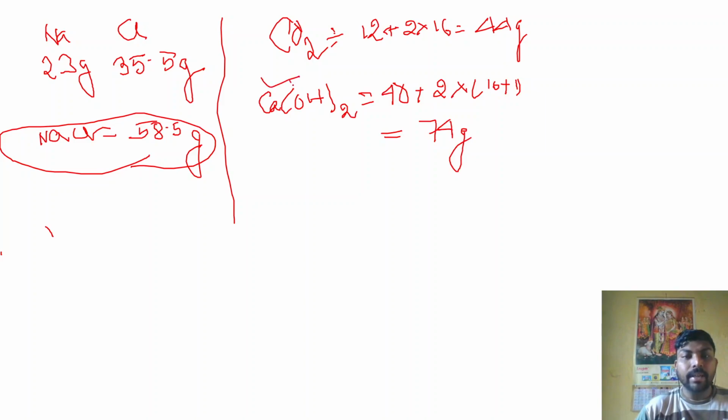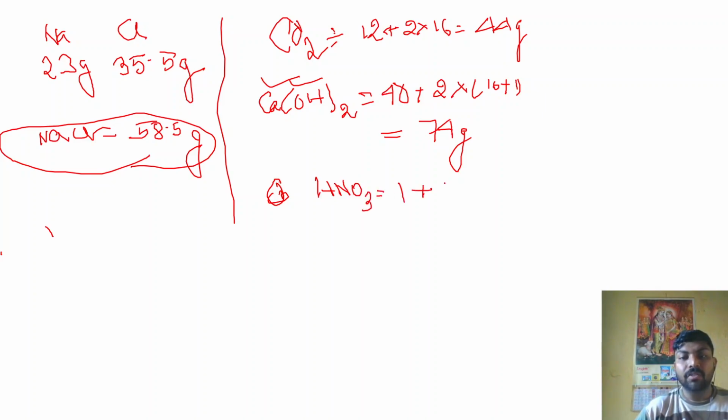So like this you have to calculate the molecular mass, and it is very important that you know the atomic masses, so you can easily calculate the molecular masses or formula masses. Suppose I give one more example, nitric acid. What is the molar mass, or molecular mass, of nitric acid?